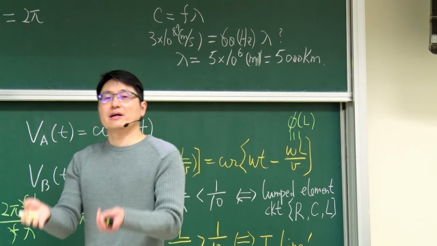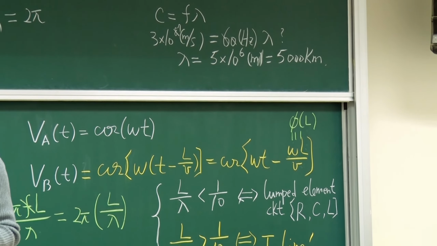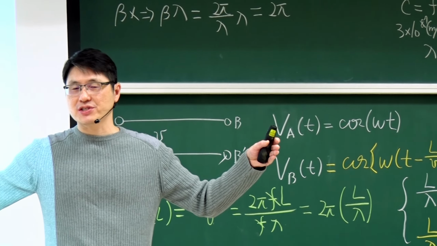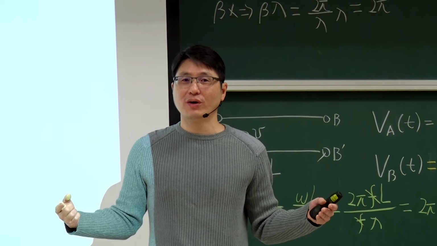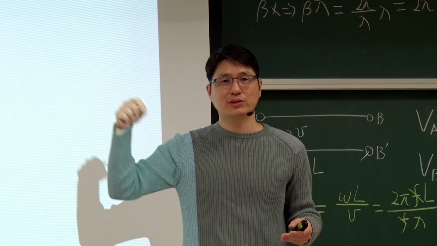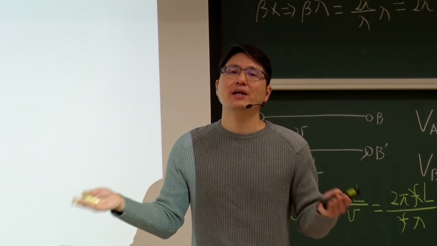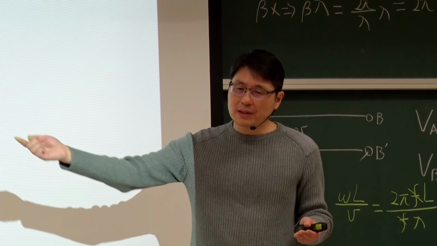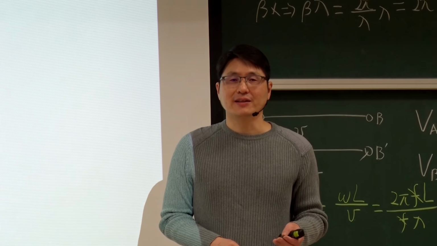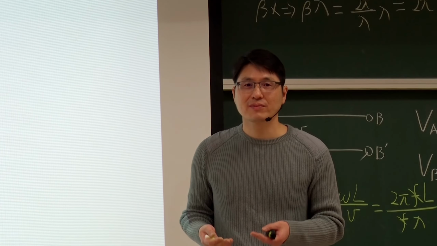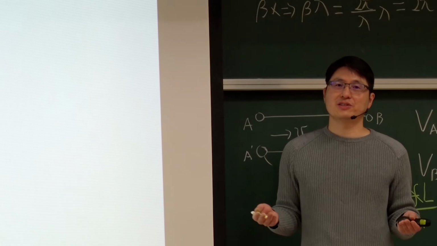So this is what I said on Monday. When using the tide power, because the wavelength is 5,000 kilometers, but the entire length of Taiwan from Keelung to Kending is roughly 400 kilometers, you don't really care. All the metallic lines connected in Taiwan could probably be viewed as just lump elements, right?